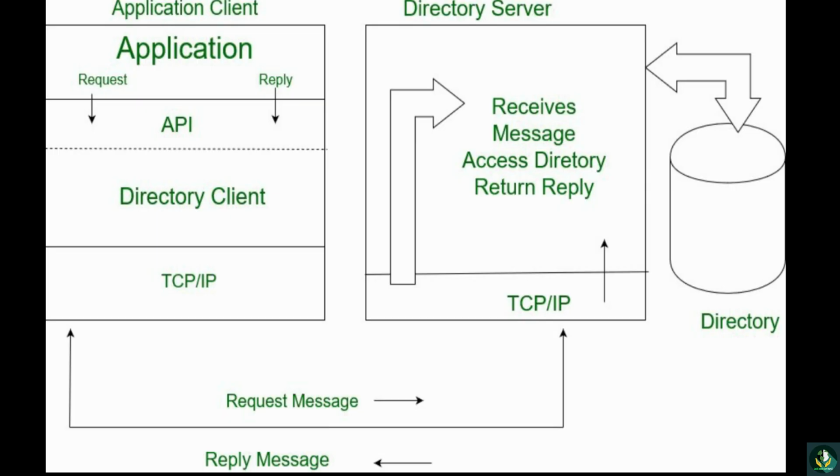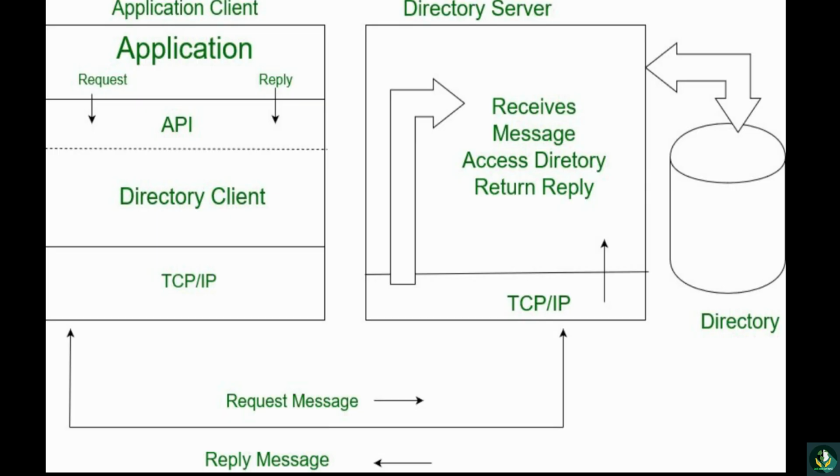So this is how the LDAP directory works. Username and password are passed, and a REST API service connects both the username and the LDAP directory. So here are the application, client and directory server, and how it works.